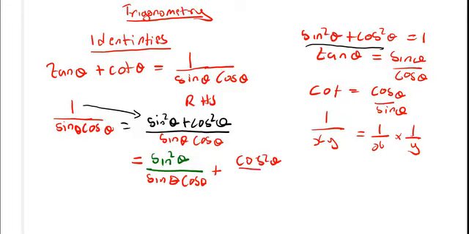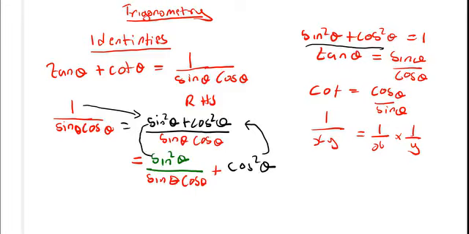Let me use a different color so that you can follow. We have cos squared of theta, which is this, and sine squared of theta, which is that.